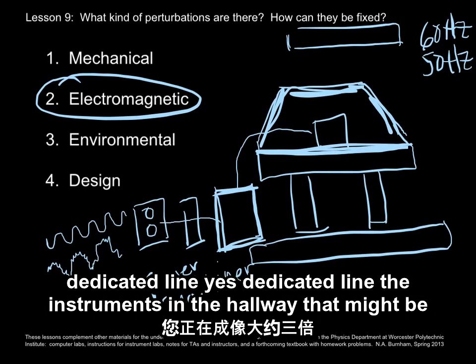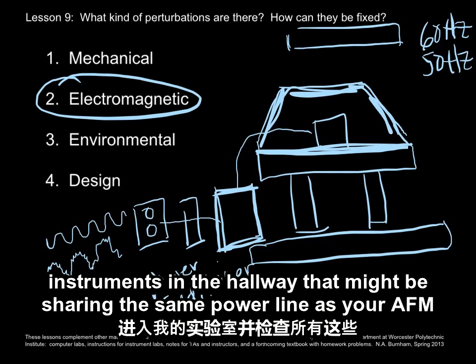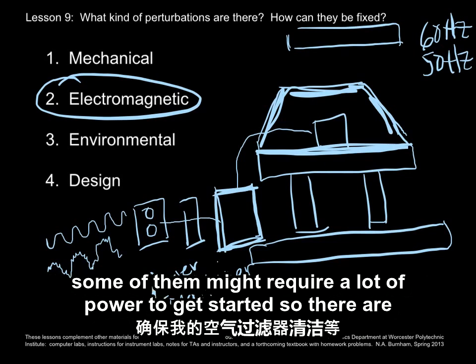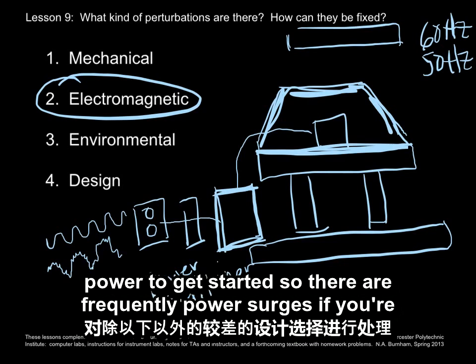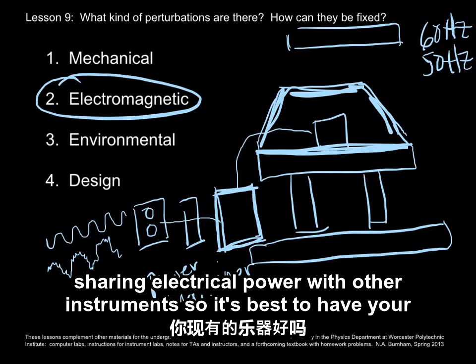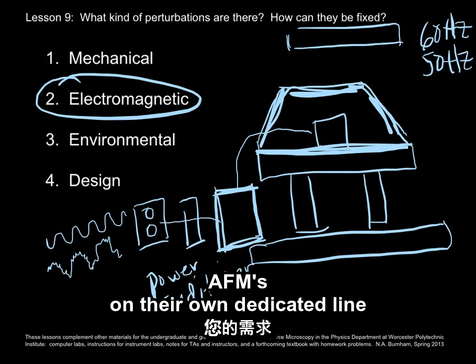The instruments in the hallway that might be sharing the same power line as your AFM, some of them might require a lot of power to get started. So there are frequently power surges if you're sharing electrical power with other instruments. So it's best to have your AFMs on their own dedicated line.